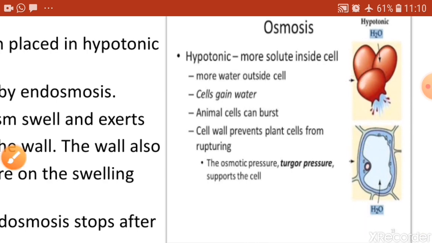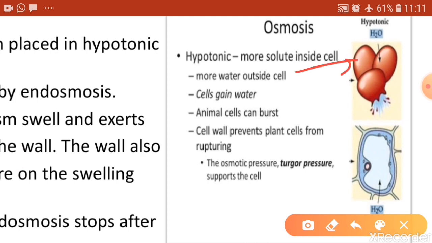But the difference is that animal cells, these are the RBCs, have the plasma membrane as the outermost covering. As they go on gaining water due to endosmosis, these animal cells are going to burst. But this does not happen in plant cells. The plant cells will not burst.